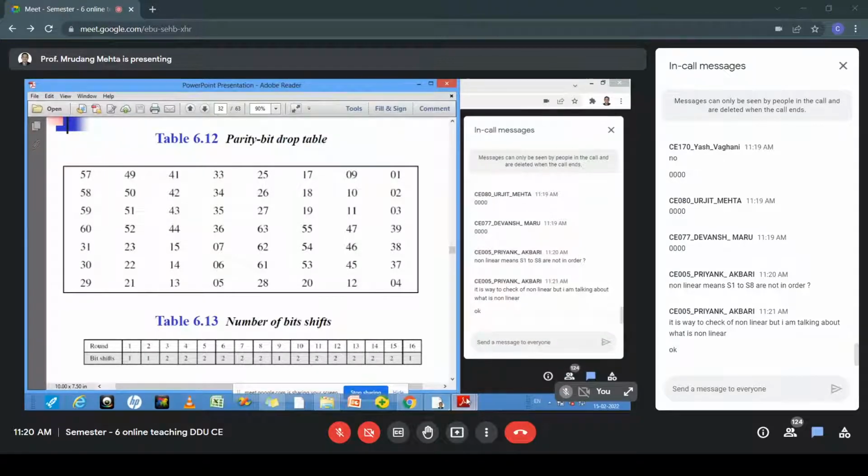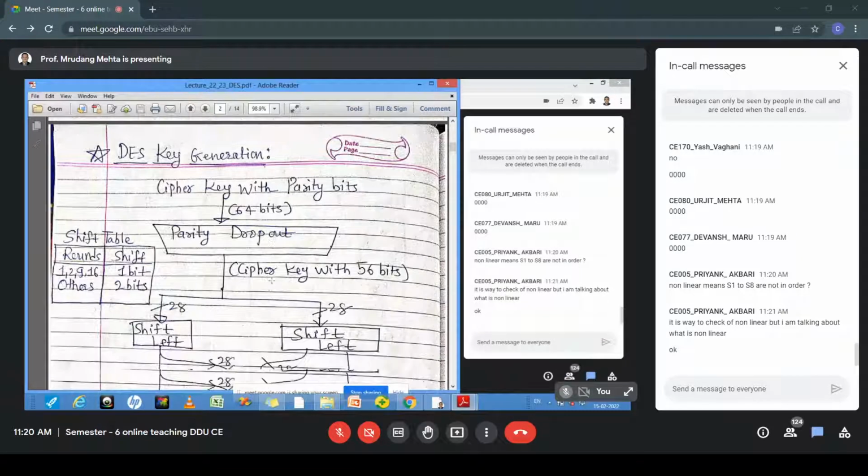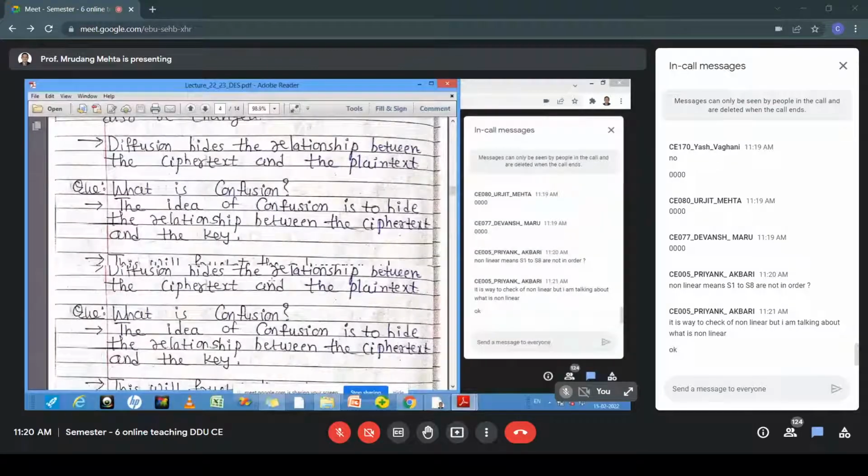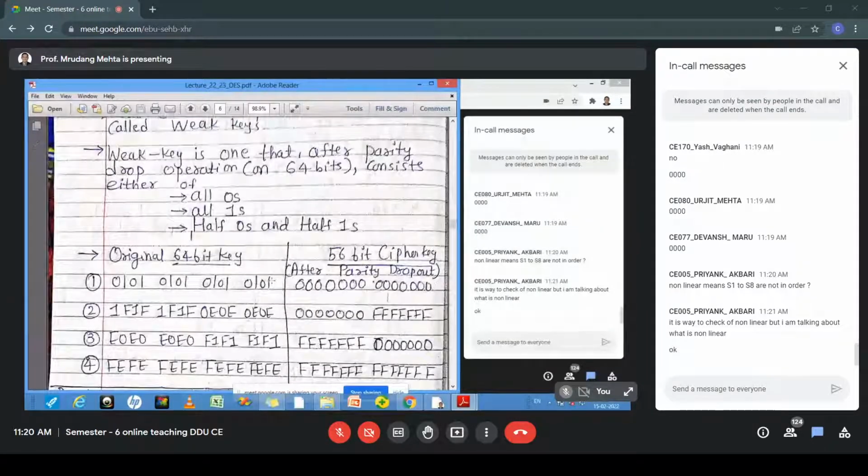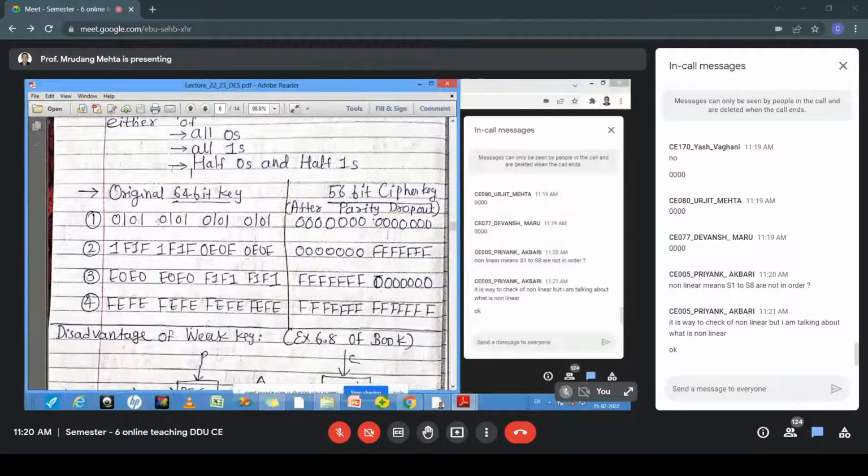So if this parity bit dropout is applied, then all these ones will go. The 56 bits that remain are 0, 0, 0, 0, so these are all zeros.